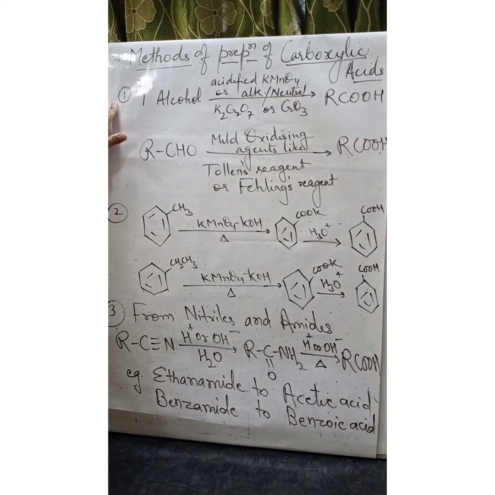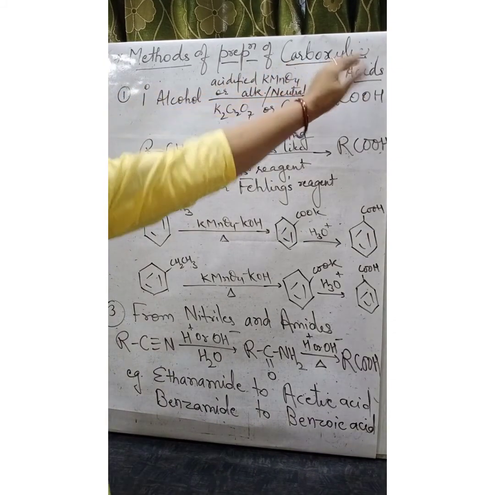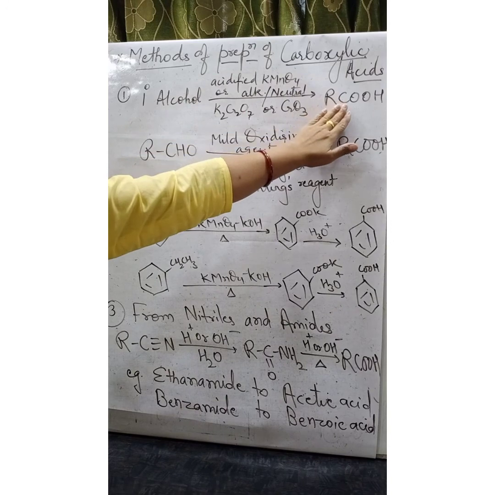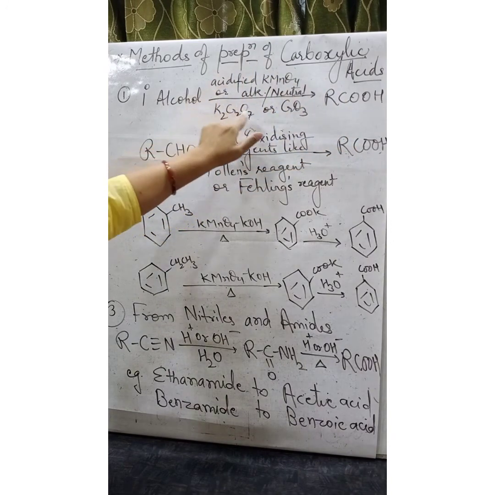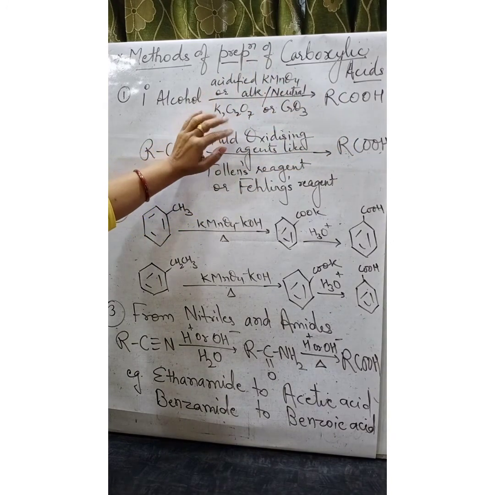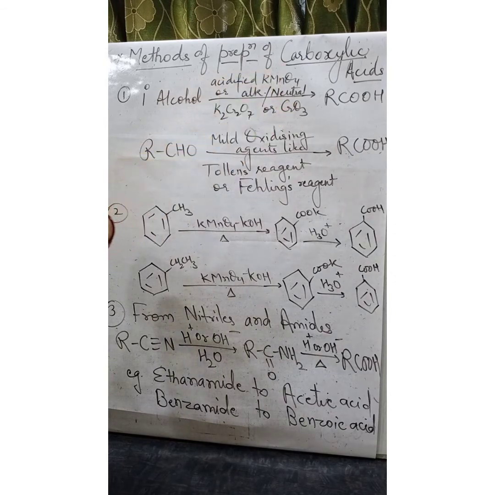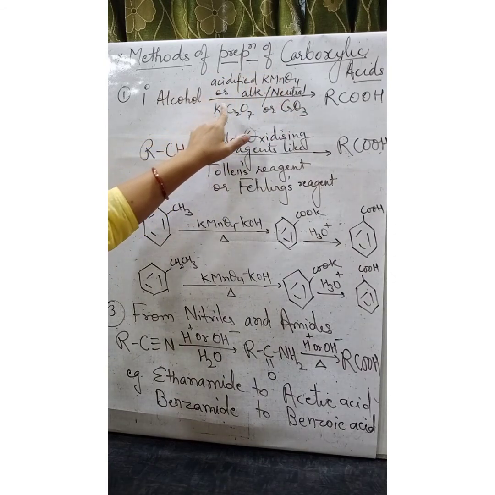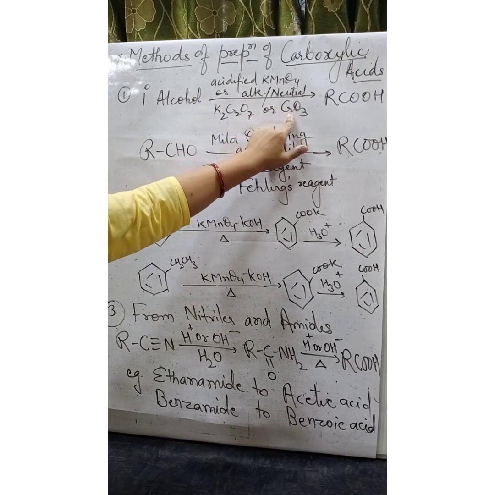Lastly, we move on to methods of preparation of carboxylic acids. Carboxylic acid can be prepared by the oxidation of alcohols and aldehydes. Alcohols can be oxidized to carboxylic acid in presence of strong oxidizing agents like acidified KMnO4, alkaline or neutral K2Cr2O7, CrO3 in acidic medium.